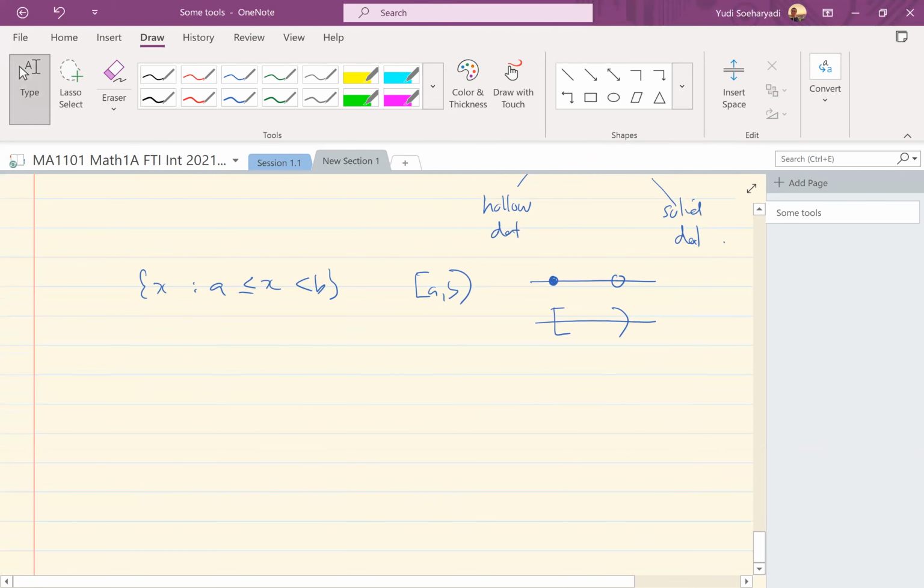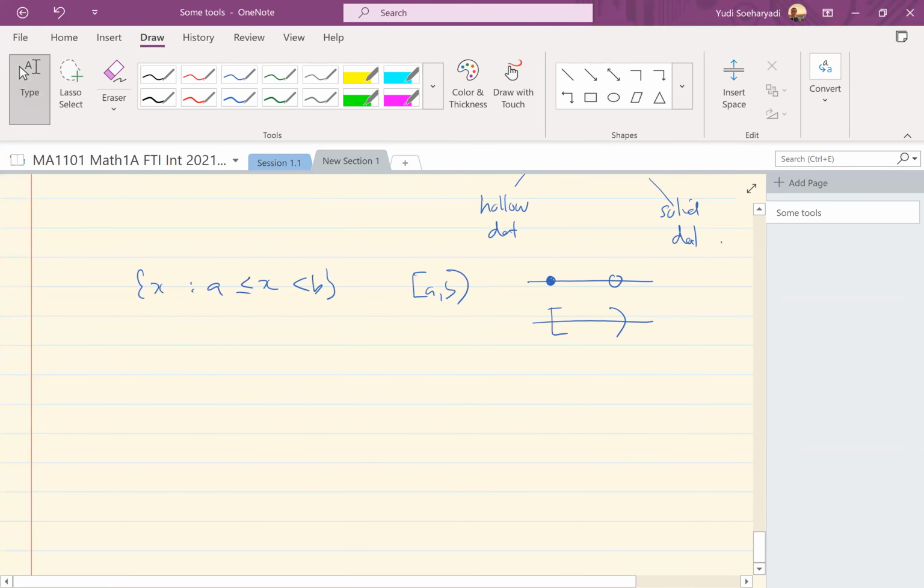And there is some special interval, X bigger than A, for example. Or we write this down as A is excluded, right? But everything to the right of this. Sorry, it should be infinity.